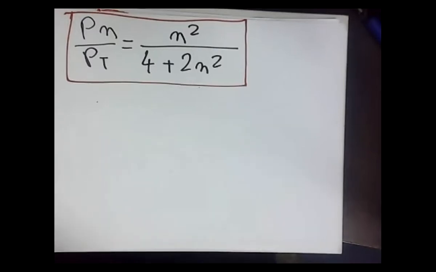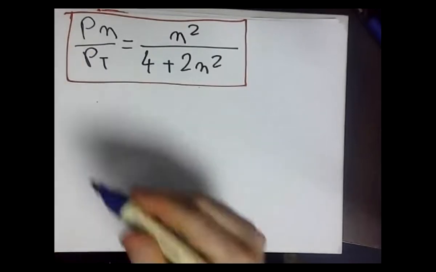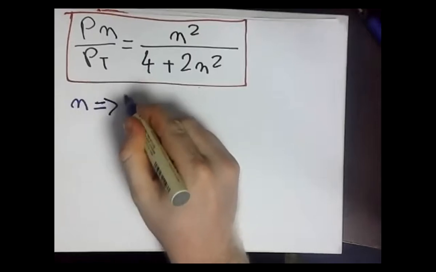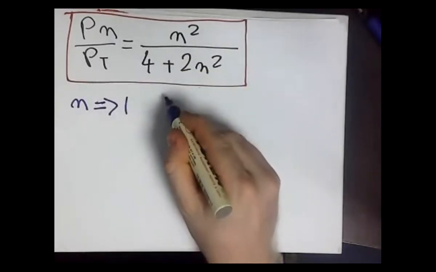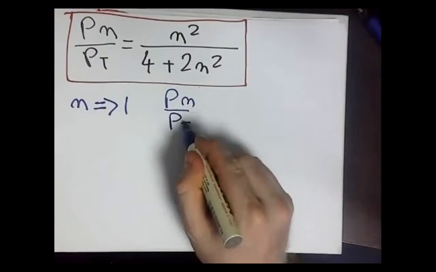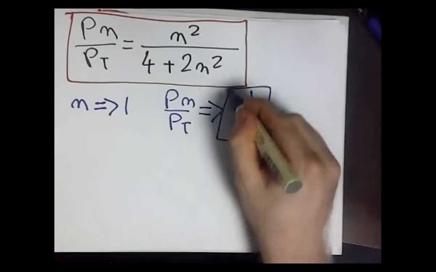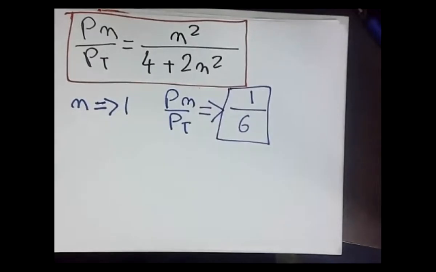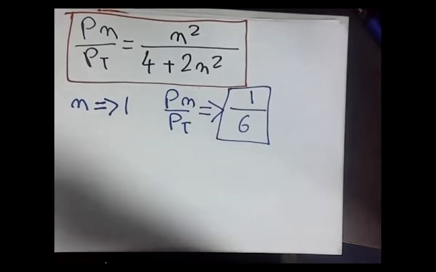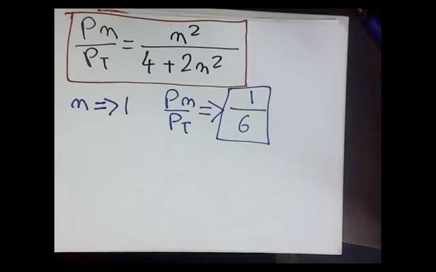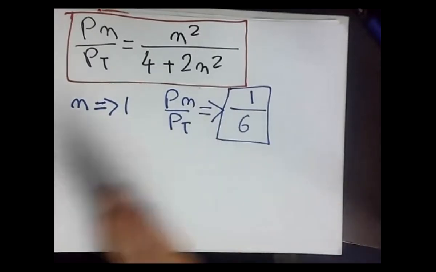So, if m is equal to 1, what will happen? For m equals 1, this ratio Pm over Pt tends to 1/6. Can you imagine? You only need 1/6 of what you are transmitting. 5/6 of what you are transmitting is with no need.